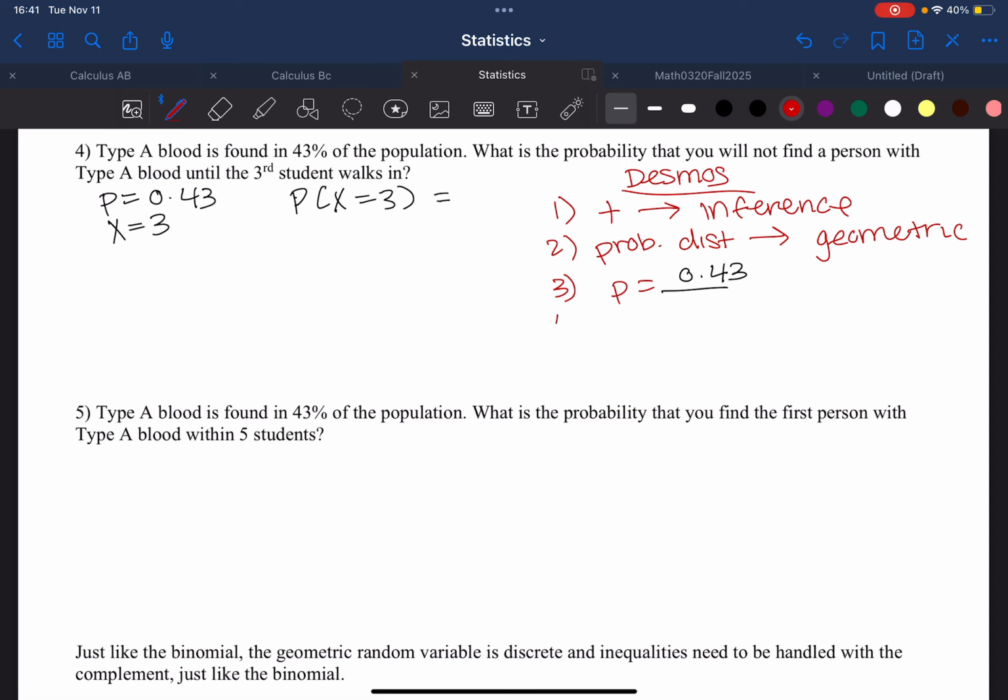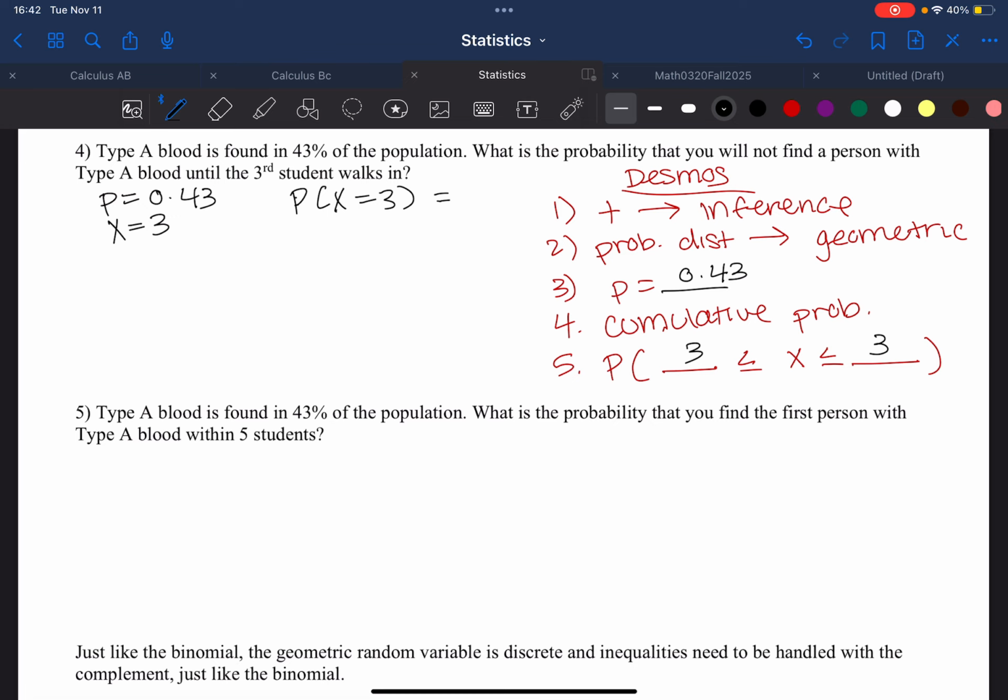Then click on the drop down that is cumulative probability. Since it wants X equal to 3, you're going to see something like the probability of blank less than or equal to X less than or equal to blank. That is where you're going to put in 3.